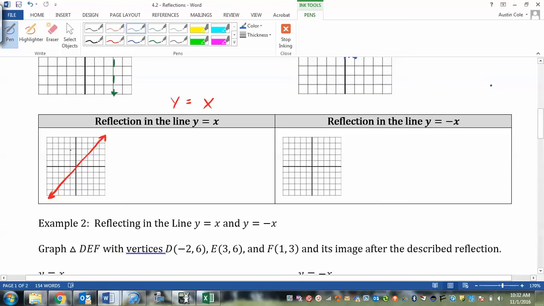Now, let's look at this point right here. Let's call that point A. That is the point 1, 3. Now, if I were to reflect the point 1, 3, point A, over the axis of symmetry, over the line y equals x, where do you guys think it would be?